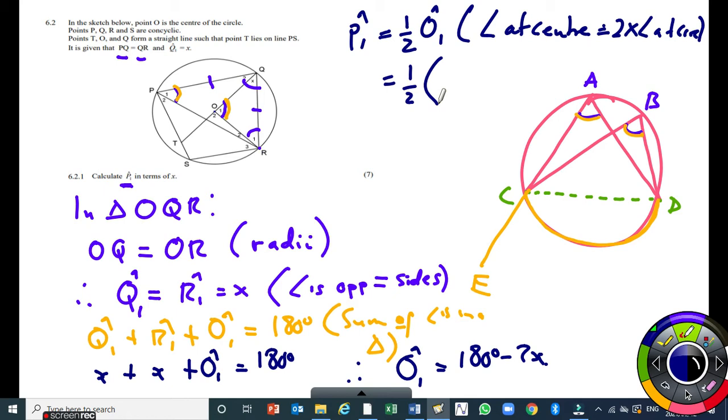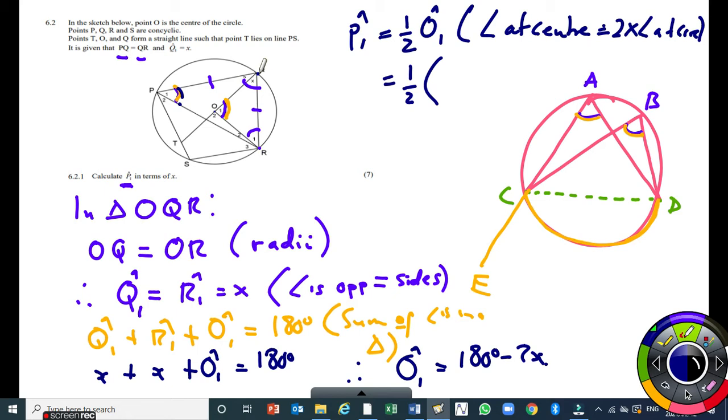Okay, look here. Angle O1 is subtended by chord QR. Angle P1 is subtended by chord QR. But P1 is at the circumference and O1 is at the center. An angle at the center is 2 times the angle at the circumference, which means angle P1 is half of O1.